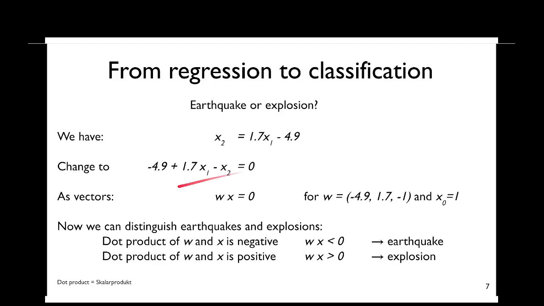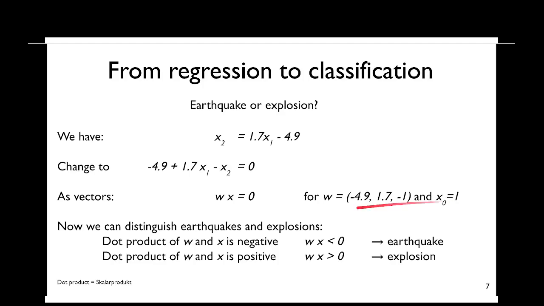And this we write down now as vectors, simply as w times x equals 0. And w is now consisting of a triple of minus 4.9, 1.7, minus 1. x was not a triple because we just said x1 and x2, so we introduce an artificial x0, which is always equal to 1, and then we also have a triple.